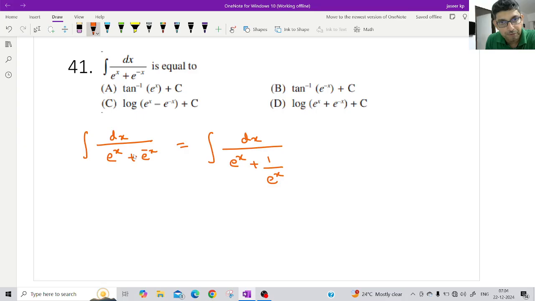So if you take the LCM, it will become dx e power x into e power x, that is e power 2x plus 1, and the denominator e power x will come here.